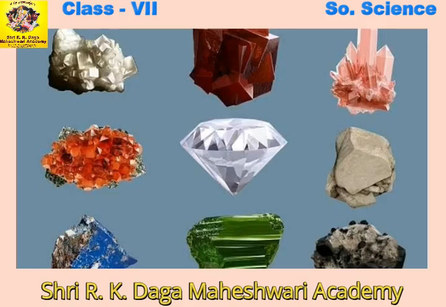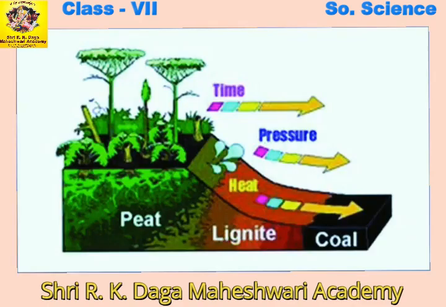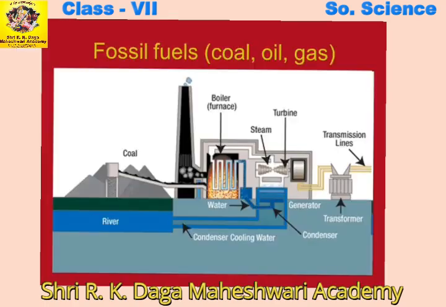These minerals are very important raw materials for manufacturing industries. Rocks are a storehouse of fossils. Fossils provide very important information to historians and archaeologists. Fossil fuels like coal, petroleum, petrol, diesel, kerosene and natural gas are obtained from sedimentary rocks.